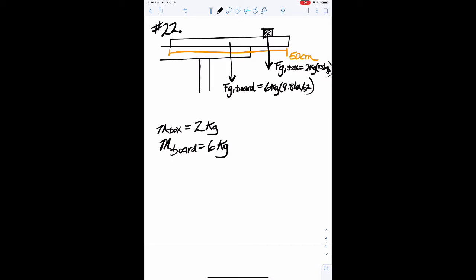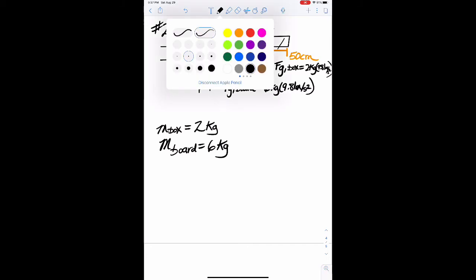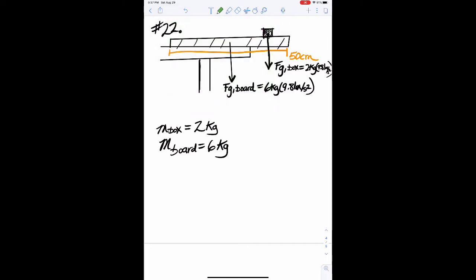All right, so the big idea here is you have two objects, the board and this box up here. Each one has a mass, and there's going to be a combined center of mass, right? So maybe I can draw this in here using green.